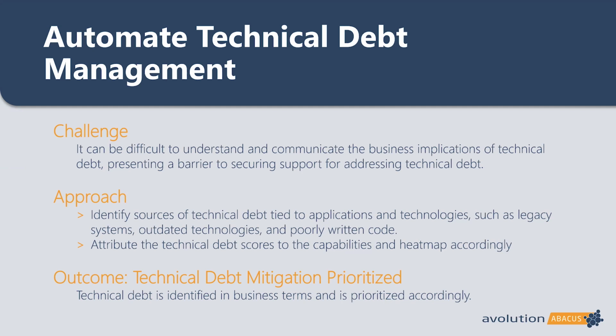How would we roll those tech debt scores up to the capability level and provide some kind of heat map effect? So if we have specific capabilities within the organization, we want to roll up those values from the applications that support those capabilities, and potentially that's being rolled up from the code base that application's written in.